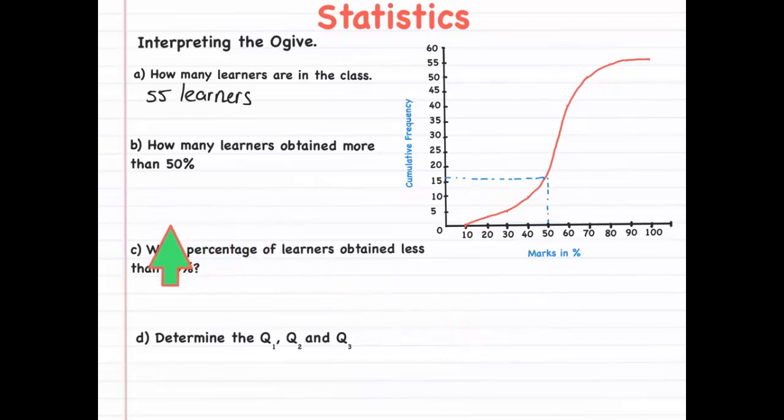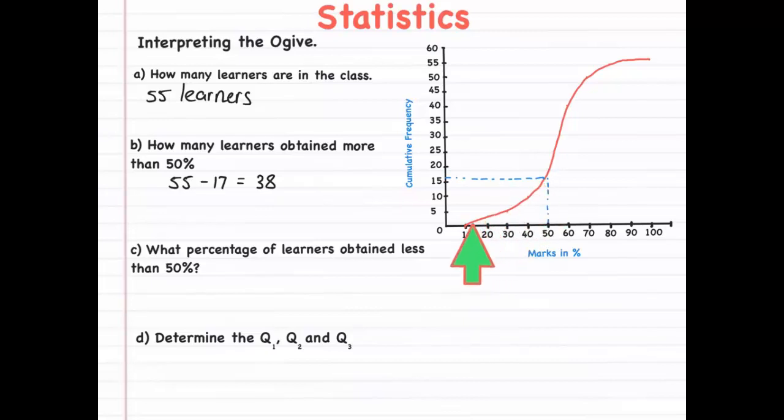So basically what we do is we know that there are 55 learners in the class, and there's 17 who got below 50, and if we take 55 minus 17, we get an answer of 38 learners who got more than 50%. Now, you can see that 17 is all the way there, so it's from there to this part, the lowest part of our ogive, right?